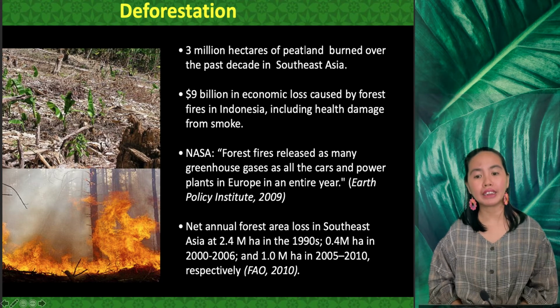Net annual forest area loss in Southeast Asia was 2.4 million hectares in the 1990s, 0.4 million hectares in 2000 to 2006, and 1.0 million hectares in 2005 to 2010 respectively.